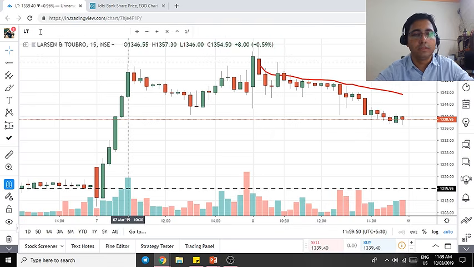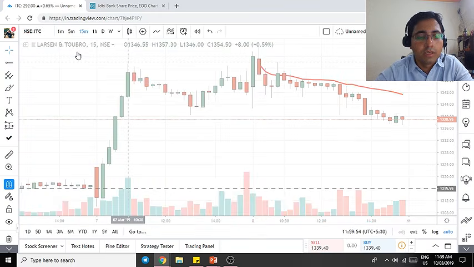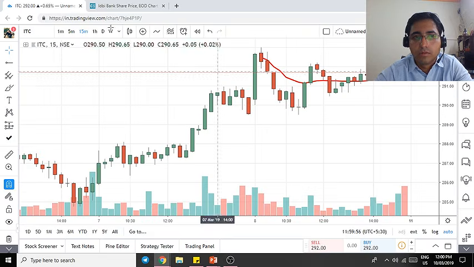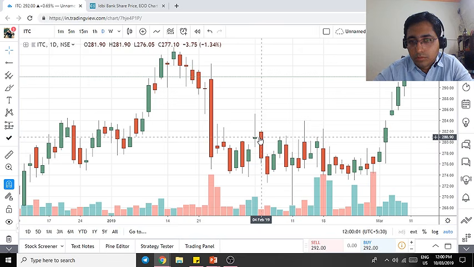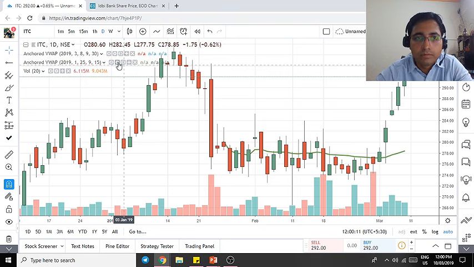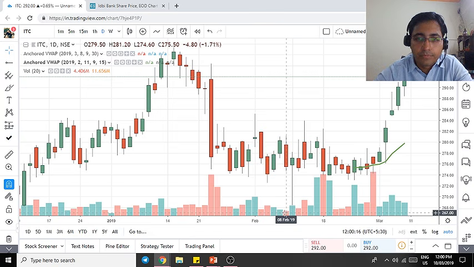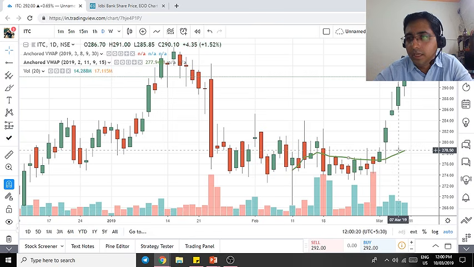Let me just look at ITC, since you are not agreeing. Otherwise this won't do anything. So from the anchored VWAP perspective is the question. We'll provide this candle, 11 Feb, as an input. The buyer average is way lower, at 278.